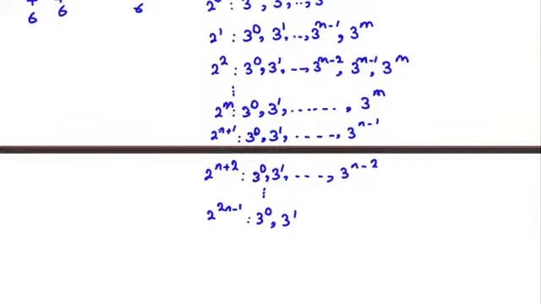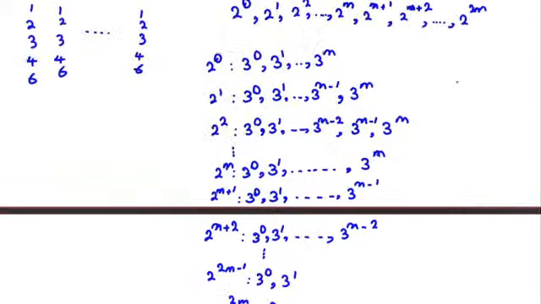Okay, so m minus 2, m plus 2 to m minus 1, 2 to the 2m, 3 to the 0. Okay, so how many cases do we have?